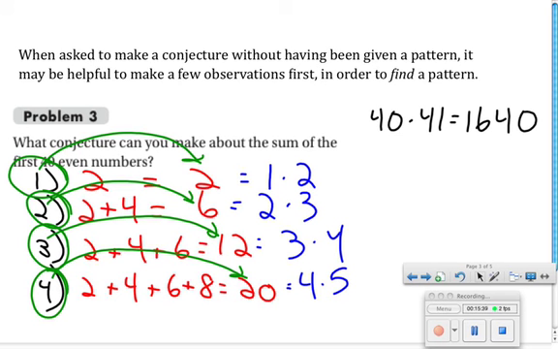So, what Kristen observed is that in my first term of the sequence, my first term is 1. What's the number that comes right after 1? 2. She multiplied 1 by 2. Oh, look, I get my answer. And I do the same thing for each of those, and I end up with my result.